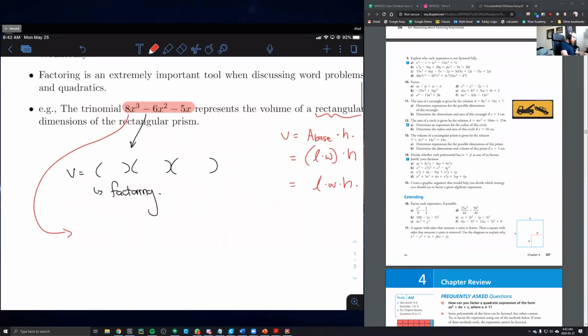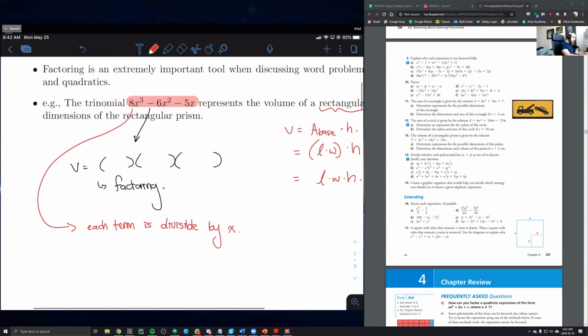The first thing I notice here is that each term is divisible by x. Because each term is divisible by x, I can common factor first. Common factoring is always the first step that you take when you're factoring something.